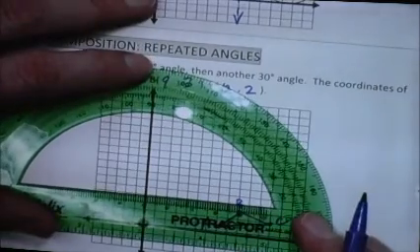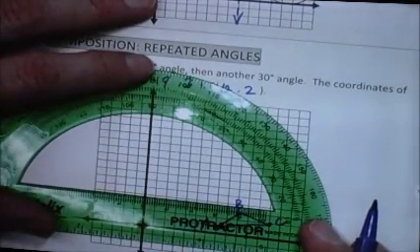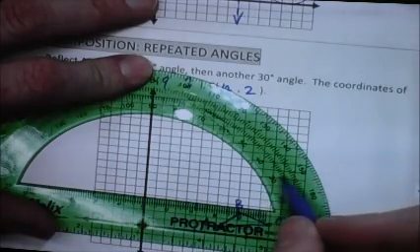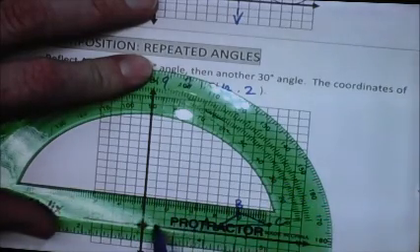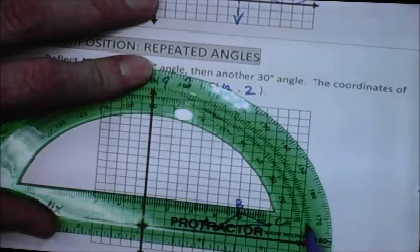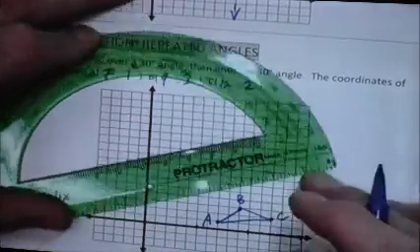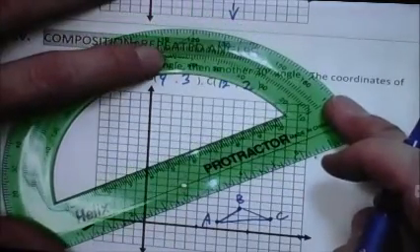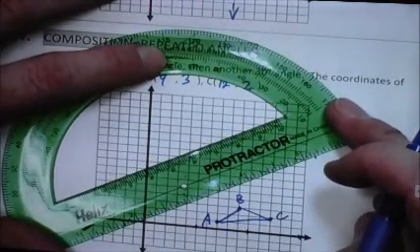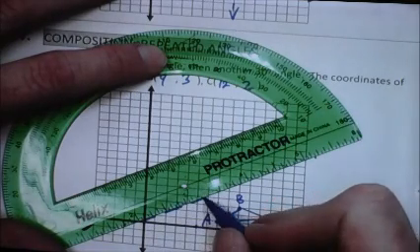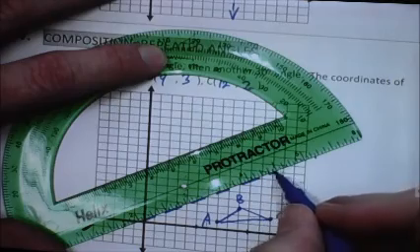So let's rethink it. I was thinking that first and then moved into rotation mode. Well, rotation mode is not what I needed to be in. So if this is 0, and I go up to 30, 30 is about here. So a 30-degree angle from the x-axis using the origin as the vertex is going to be this one.